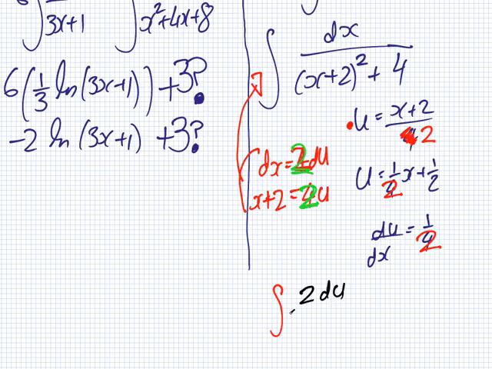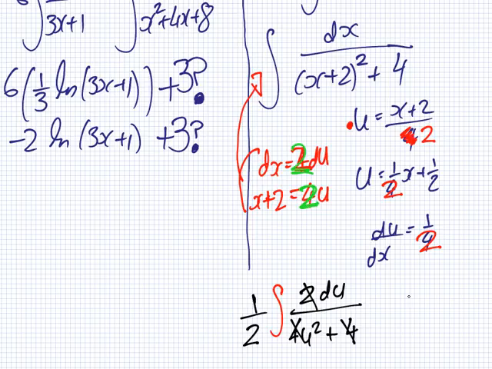And the first piece: x plus 2 is 2u, so 2u squared is 4u squared plus 4. What's in common? 2. So that's gone, that's gone, and here is 1 over 2. What do I get when I integrate 1 over u squared plus 1?